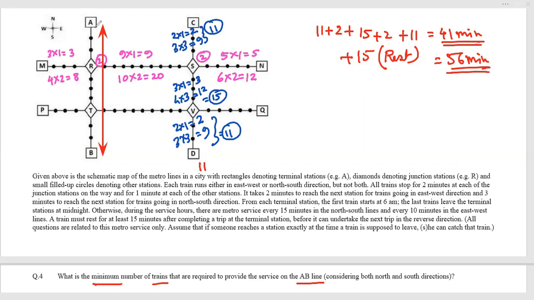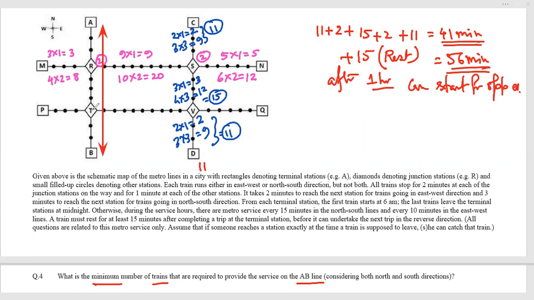I know that trains start every 15 minutes, so it should be a multiple of 15, so it should be 60 minutes minimum. That means after 1 hour, a train started from A can start from the opposite end.